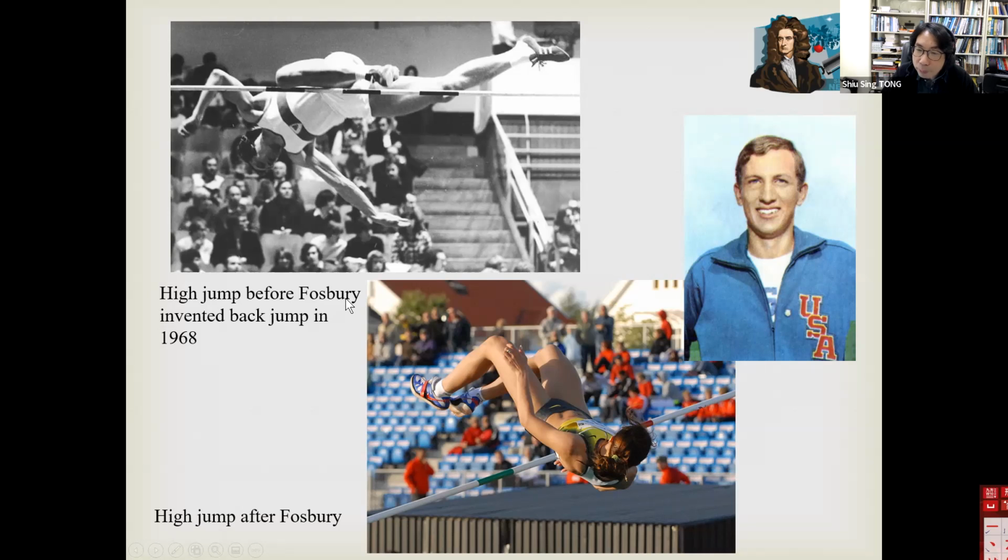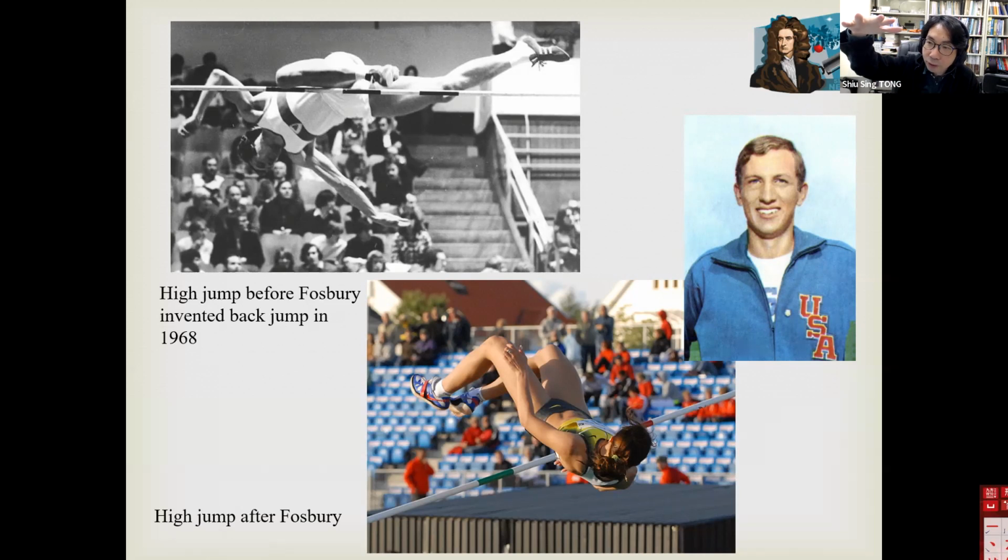Now, Fosbury is a USA high jumper. He broke the world record in the Olympic Games in 1968. He invented the so-called Fosbury flop, the back jump. By back jump, what we mean is that when you do a high jump, you hop your body over the pole, right? Before Fosbury, people did it with the face facing the ground.